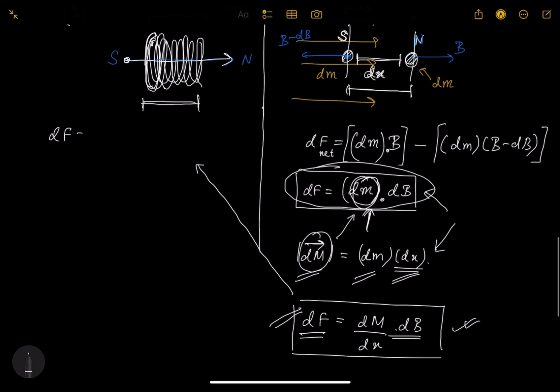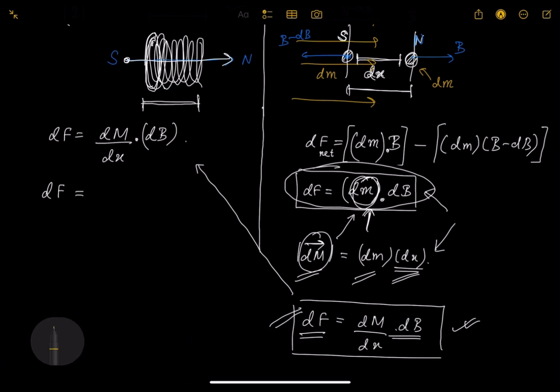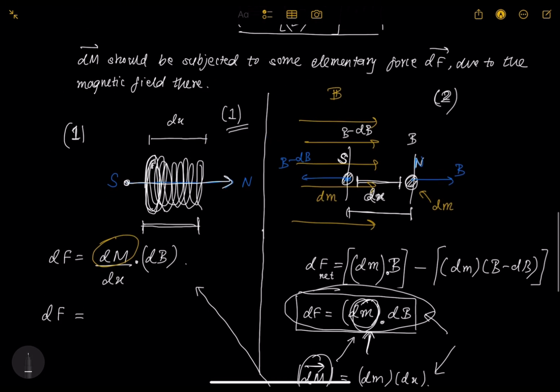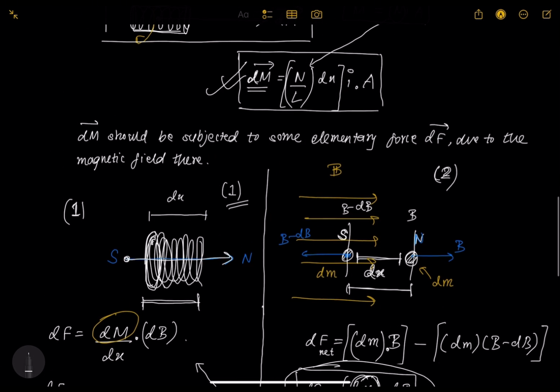So the differential force is given by the differential magnetic moment vector divided by the differential length dx, times the differential change in the magnetic field, right? And by the way, the expression that we derived earlier for the differential magnetic moment is actually proportional to dx. Look at this, right?